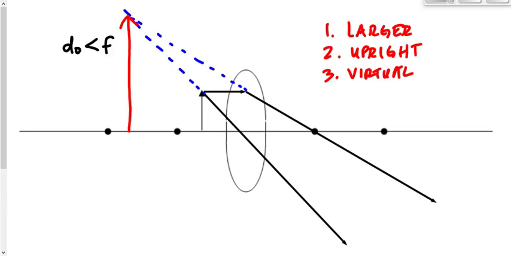And all of a sudden, what do I see? Well, as long as my magnifying glass is close enough to the paper, if the focal length is 10 centimeters and my magnifying glass is 6 centimeters away from the paper, then I see an image that is, look at it. What do you see? Bigger, right side up, and we have to physically look into the lens to see it, so it would be virtual. Larger, upright, and virtual.